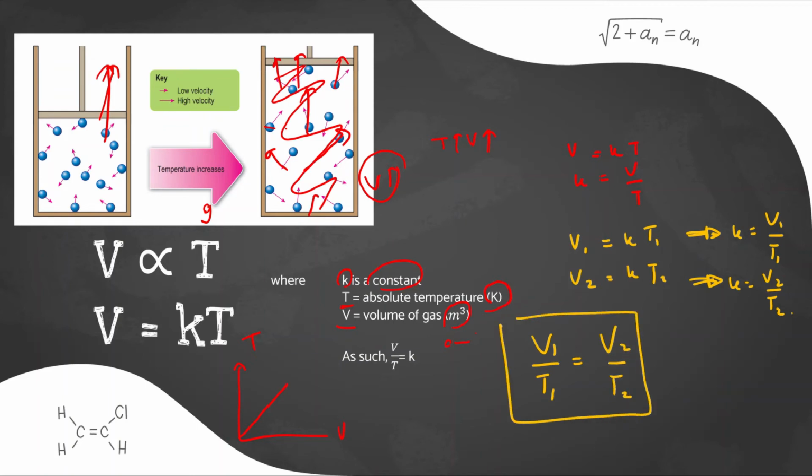So this will be the generalization for Charles' law. Anything involving Charles' law, we can use this formula to find the temperature or the volume. The condition is that pressure must be constant. If pressure is not constant, we can never use this formula.